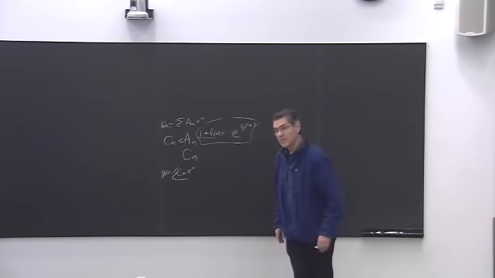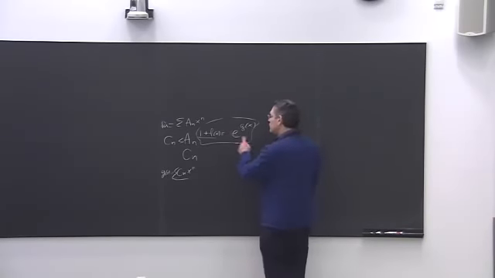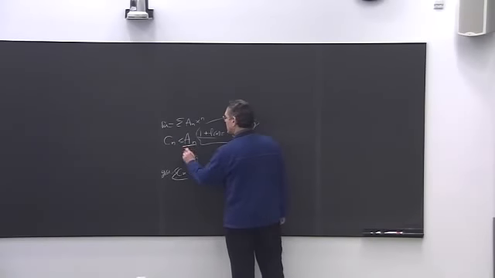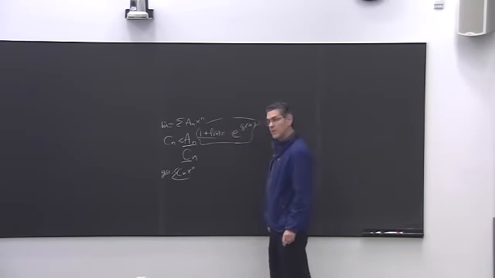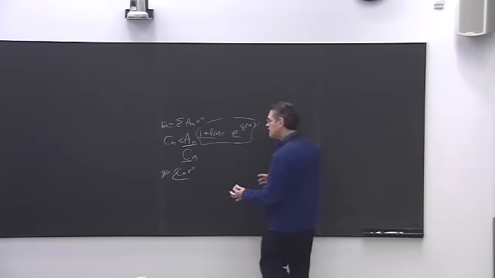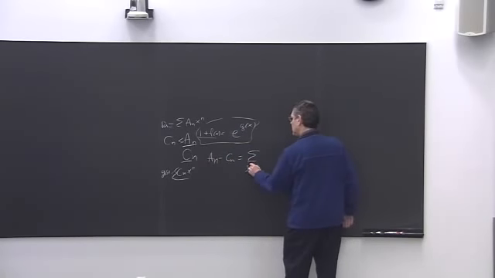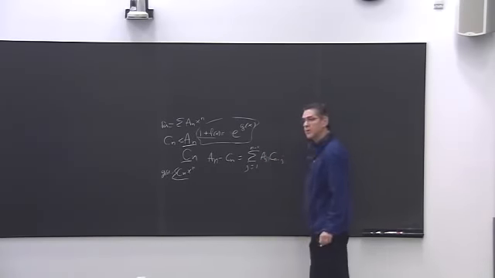Very interesting. And from this you can derive a difference equation satisfied by a sub n and c sub n. It's something like a sub n minus c sub n is the sum from j equals 1 to n minus 1 of a sub j c sub n minus j, something like that.